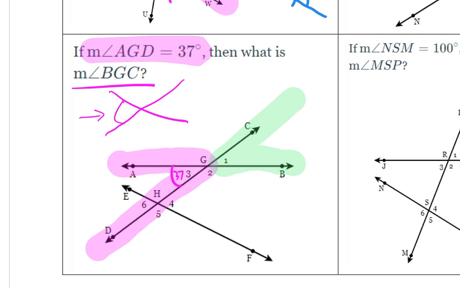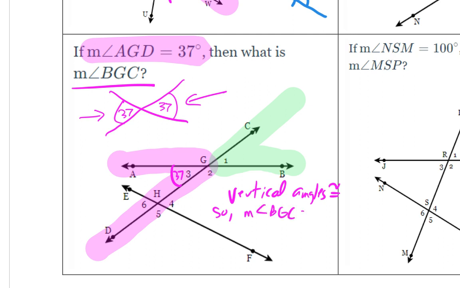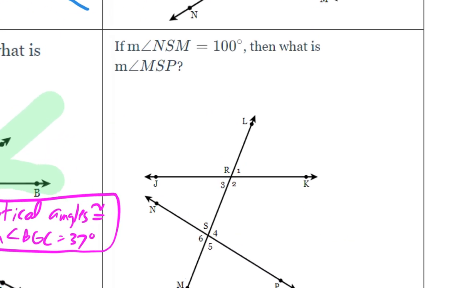So if this one is 37, this one also has to be 37, right? Since vertical angles are congruent, the measure of angle BGC equals 37 degrees. Since we know they're vertical angles, they have to be equal.